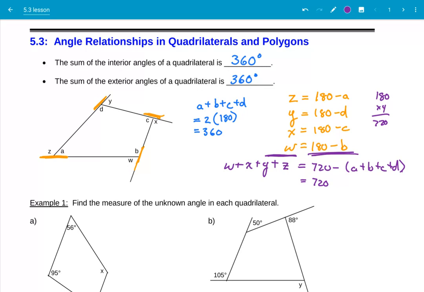Well, we just said they're 360. So I've sort of shown that it is 360 because it's 720 minus those four angles inside. Is that the only way to explain it? No, that isn't actually the way I think of it, but that's one way to do it.